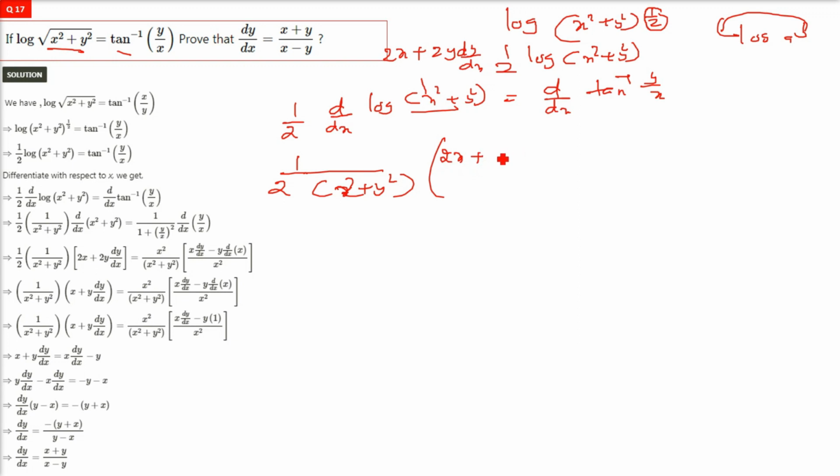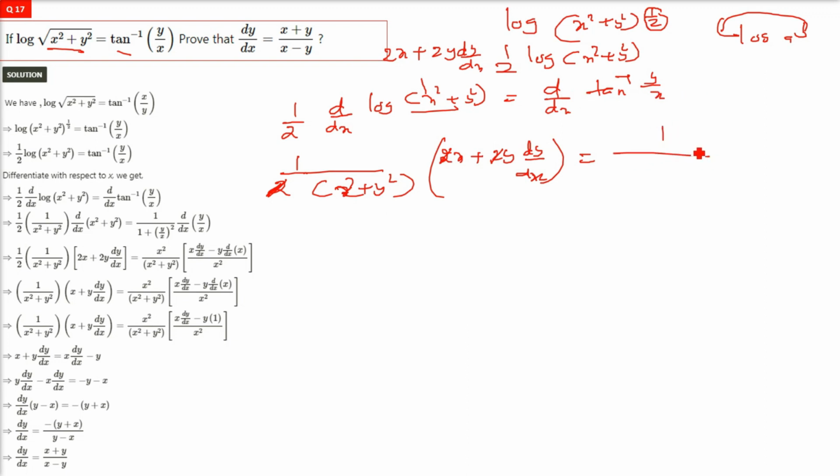So 2x plus 2y dy by dx is equal to, first thing is there are 2's, so you can take 2 common here and cancel it out. You know, it can always be cancelled. And this is equal to, and on the right hand side, certain things are going to come which can be cancelled from the left hand side. So let us solve this one.